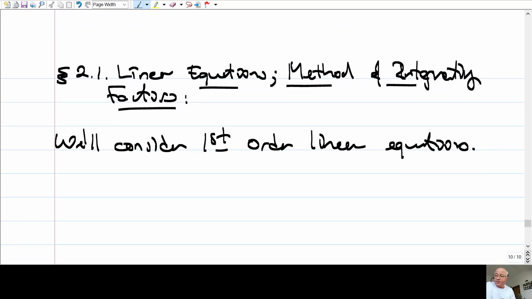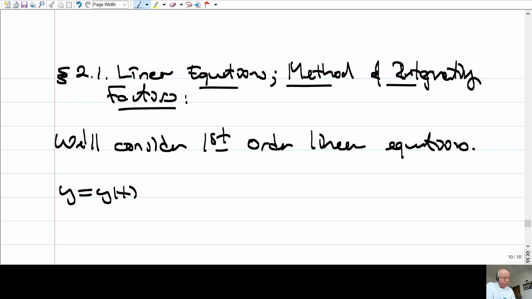First order means I have only first order derivative terms. Here, of course, in this course, we will mainly deal with ordinary differential equations. At the end of the semester, we will see partial differential equations.